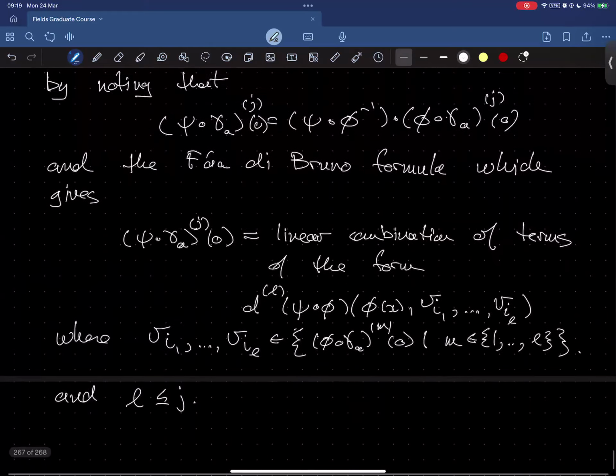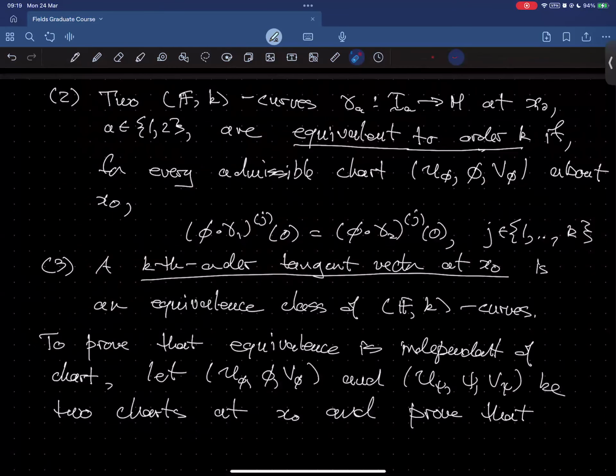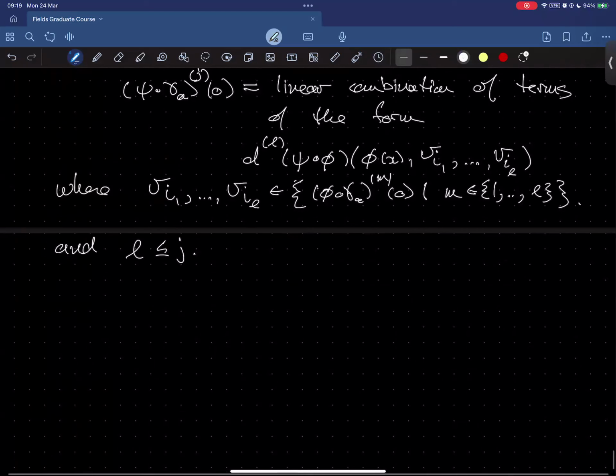But the punchline is that this definition of equivalence is independent of chart. Of course, it has to be, and we wouldn't be making the definition if it wasn't.